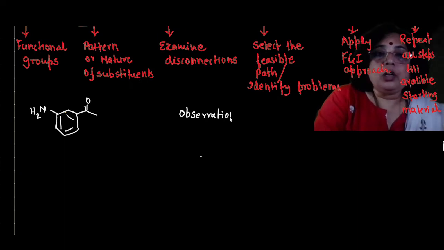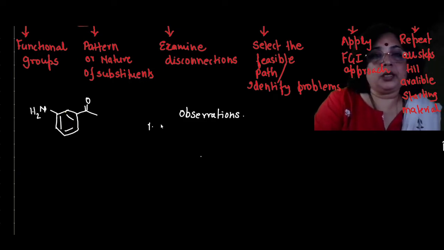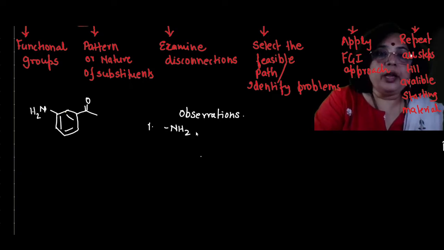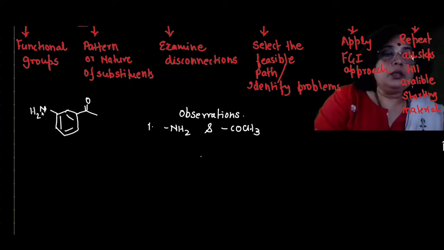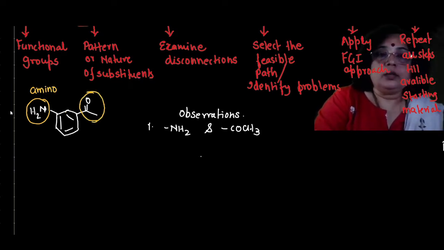What are the observations? The first observation: what functional groups are present? Here I can see the NH2 and the COCH3. I can mark this as an amino group, and the second one as a ketone or keto group.